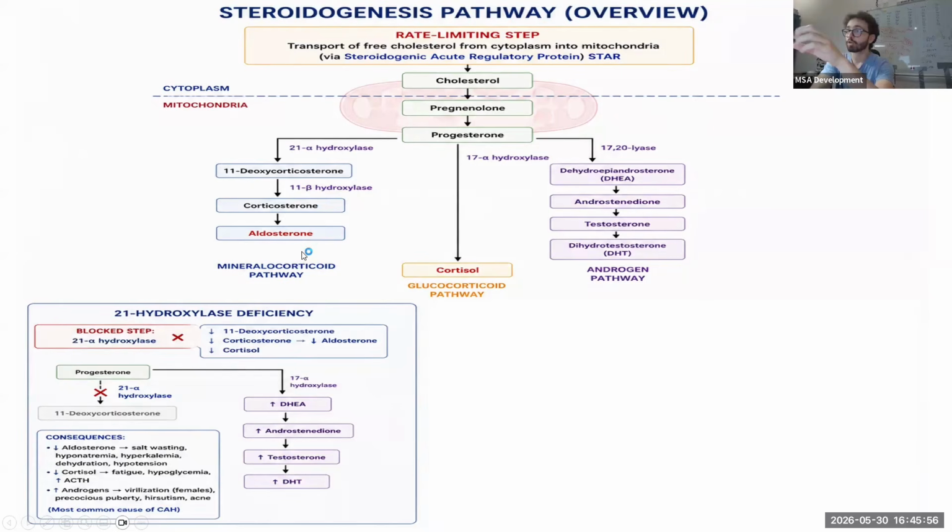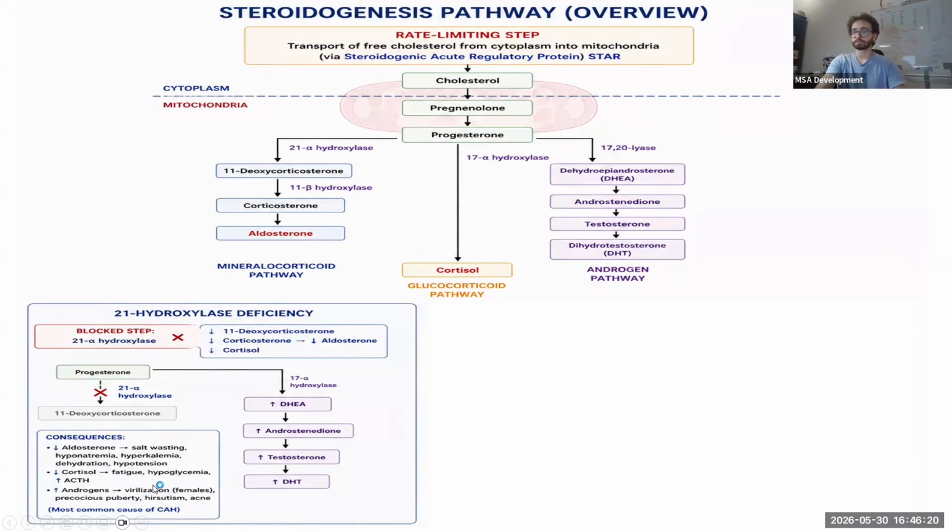When this is blocked, what will happen? This will actually become 25% and most of the progesterone will become testosterone and estrogen. You see? That's how this deficiency will impact cortisol. Everything in 21 alpha hydroxylase deficiency will go down, except for what? Androgens. They will go up. As you can see here, androgens will go up.